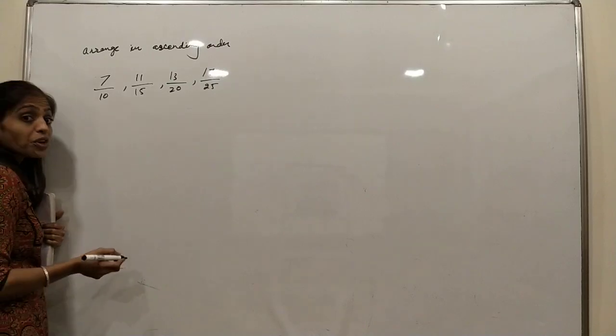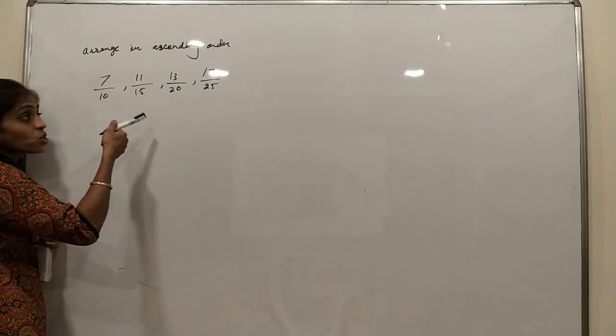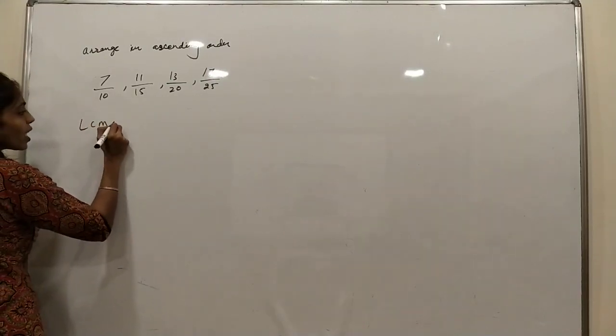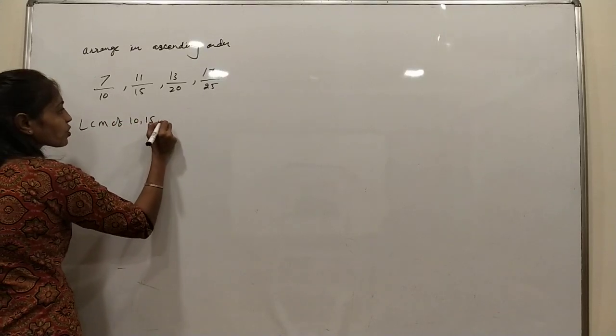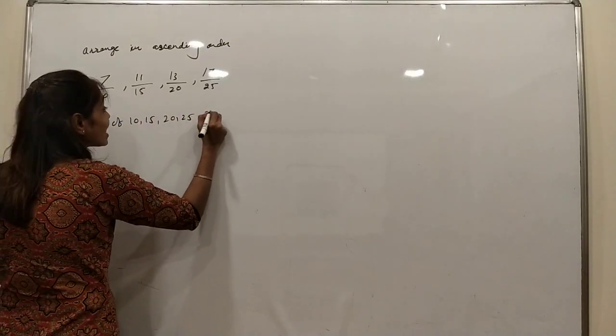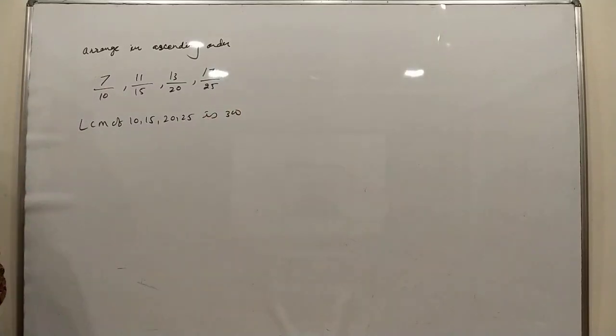For that, we have to take the LCM of 10, 15, 20, and 25. So the LCM of 10, 15, 20 and 25 is 300. I think, yes, it's 300.